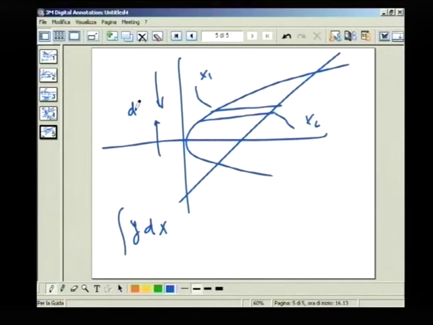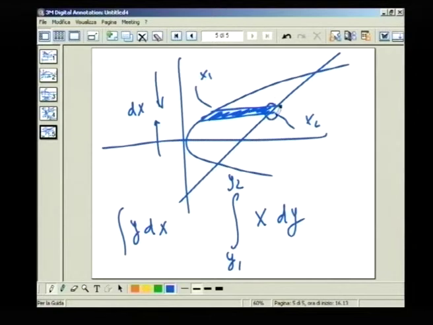Instead of dx, you get a dy. So instead of calculating the integral of y dx, you may use the integral of x dy, which is better. The strip is the difference between this x and this x, multiplied by the base, which is dy, and this is the area of your strip. Then you integrate from y1 till y2.